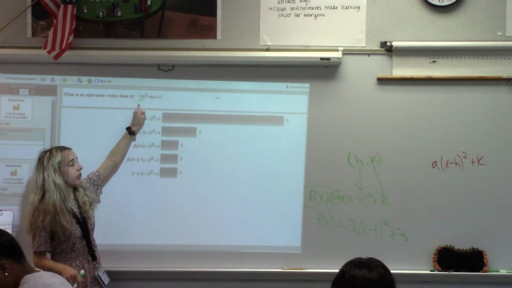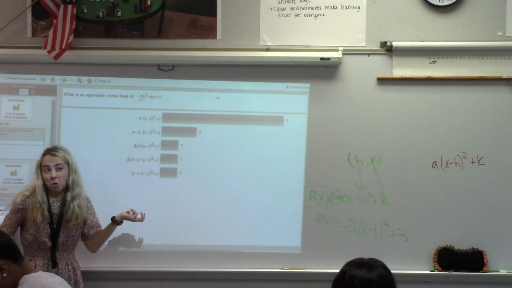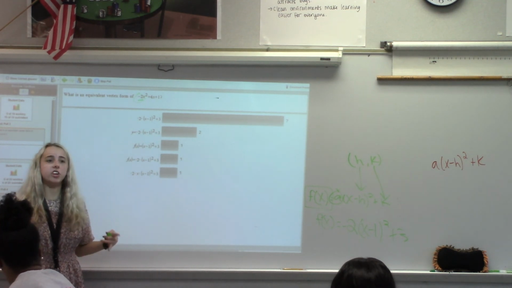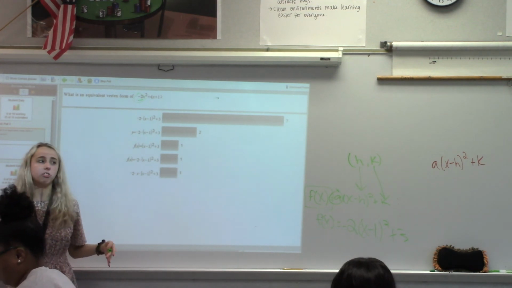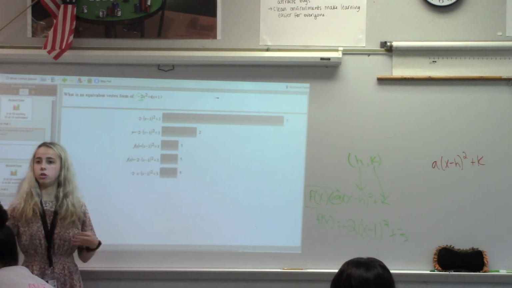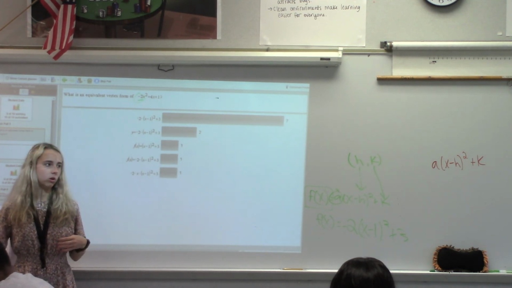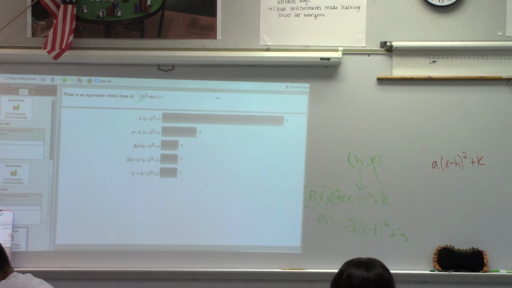Rewriting this as a positive 2 in the calculator is going to make it wrong. It's a little procedural error. You have to pay close attention to what you're getting and what you're putting in your calculator, because sometimes that step is what you don't realize you did wrong, and you can't figure out what went wrong. Okay, so we can go over this one real quick. So we graphed it.